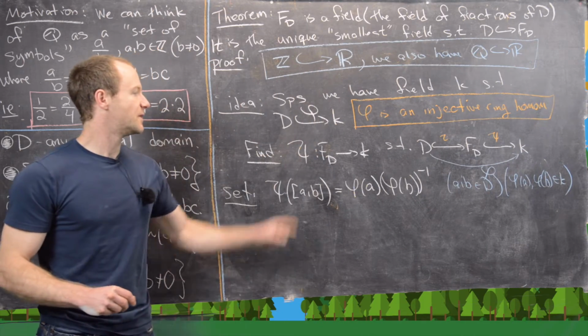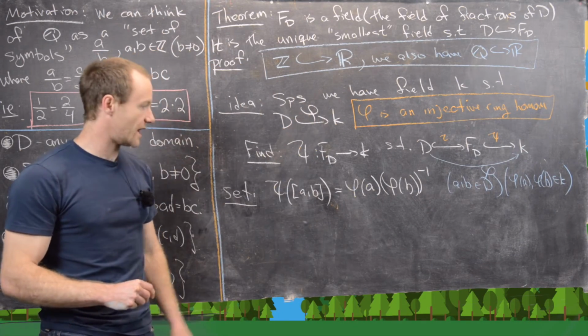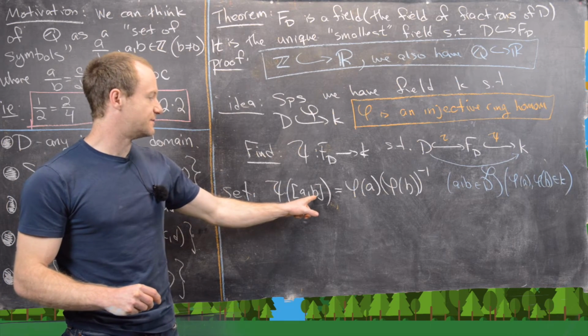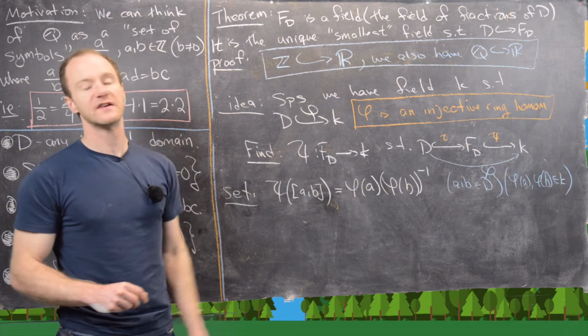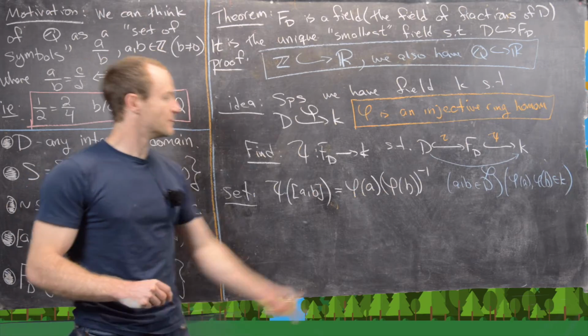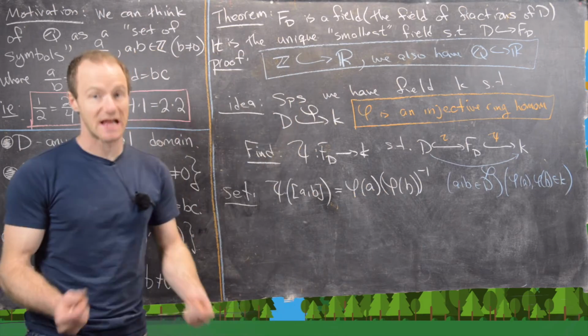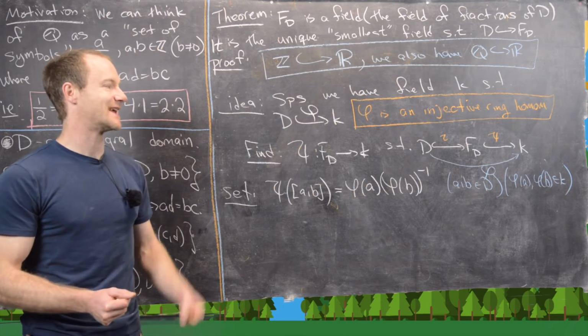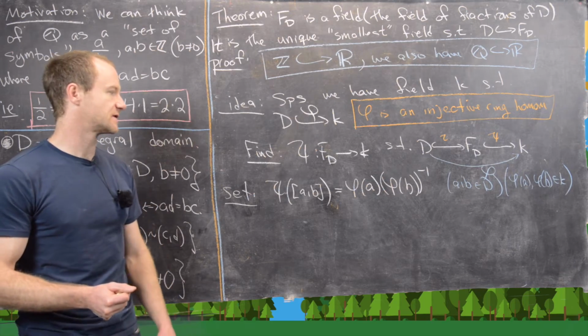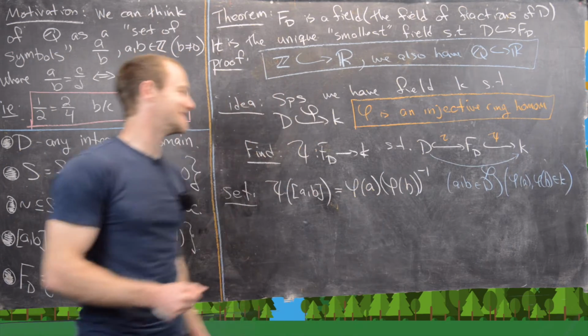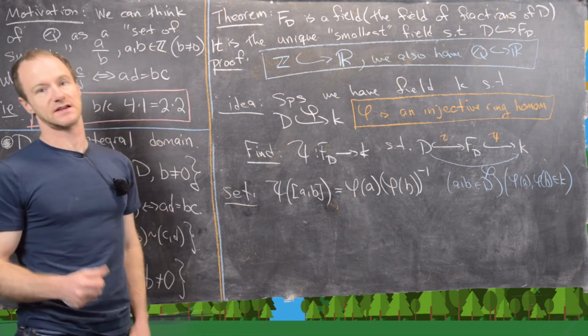But phi is 1 to 1, which means since B is never 0, phi of B is never 0. That tells you that phi of B has an inverse, because it is a non-zero element from the field. So this definition makes sense, if you will.